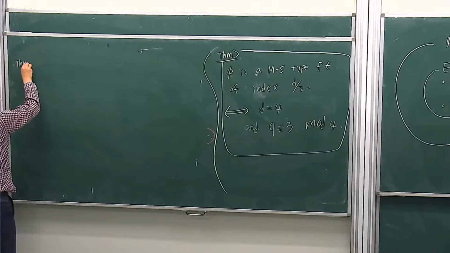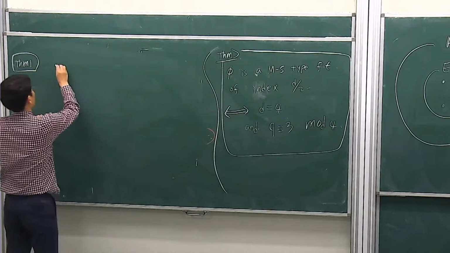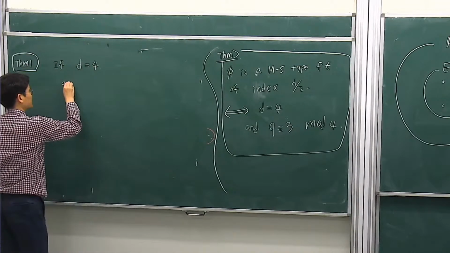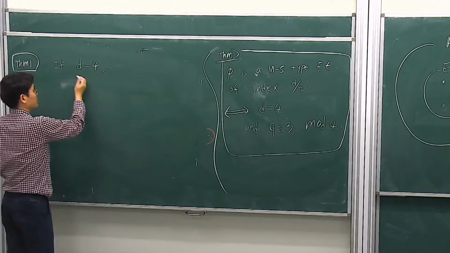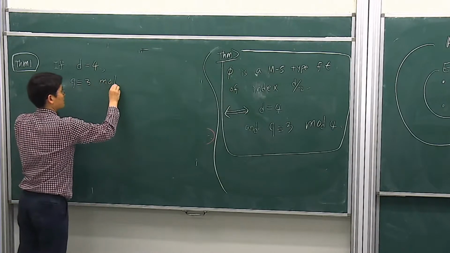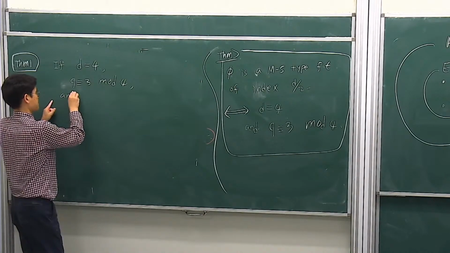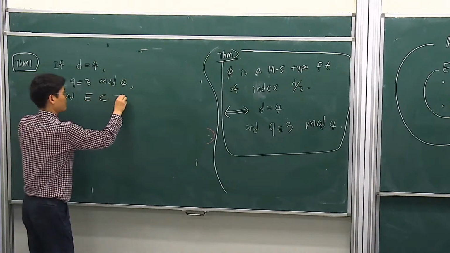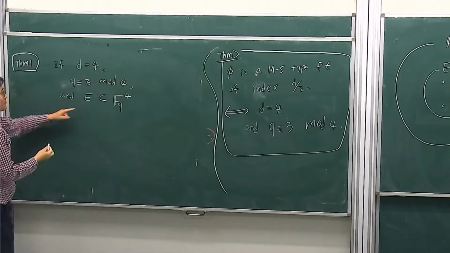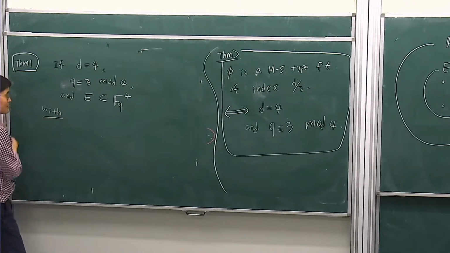Theorem 1: if the dimension is 4, and minus 1 is not a square in the field, in this case, what is the size of E?